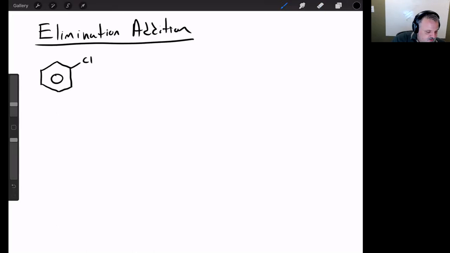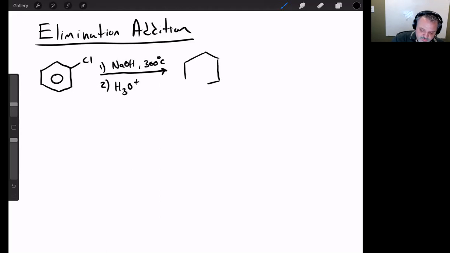And here's an example of a type of elimination reaction that would be synthetically useful. You can react it with sodium hydroxide at very high temperatures, followed by acid workup, and I can get an OH group where the chlorine is.